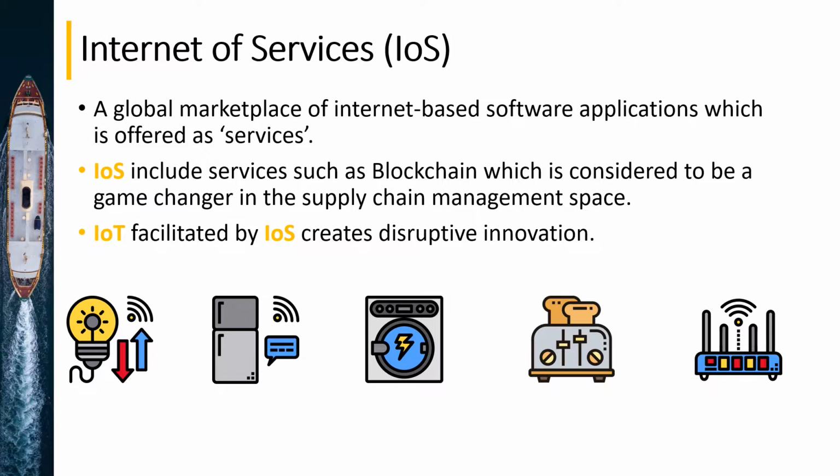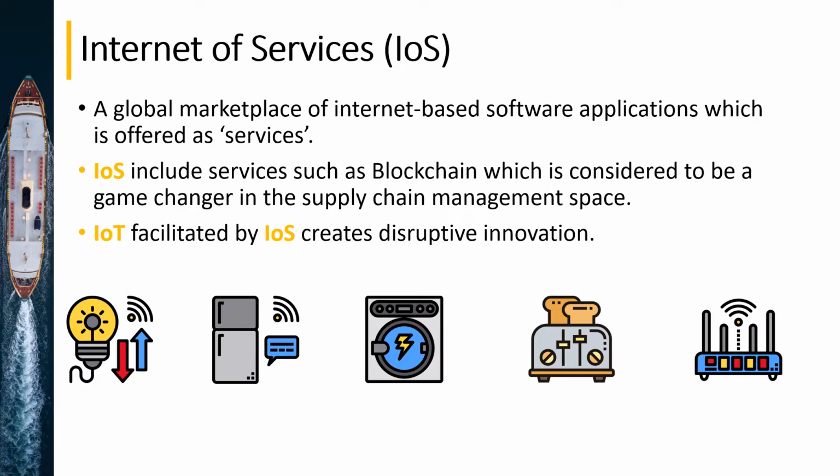Next, we have Internet of Services. So basically, Internet of Services is a global marketplace of internet-based software applications which are offered as services. So IoS basically includes services like cloud computing, where companies can access an enormous amount of resources using a simple service. And also things like blockchain, which is considered to be a game changer in the supply chain marketplace.